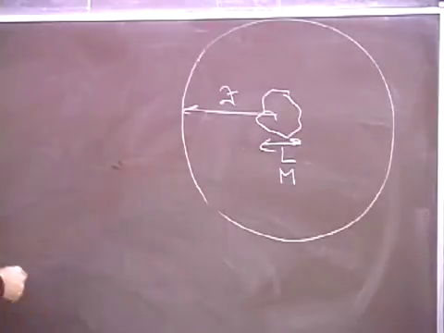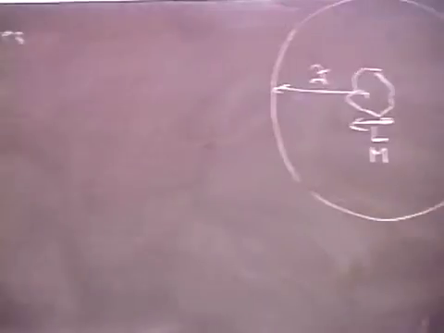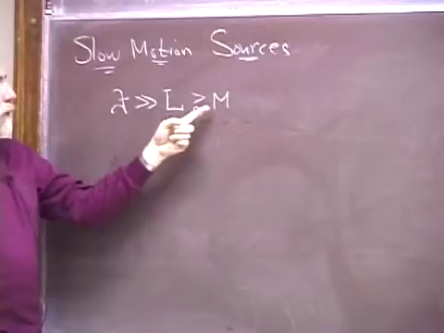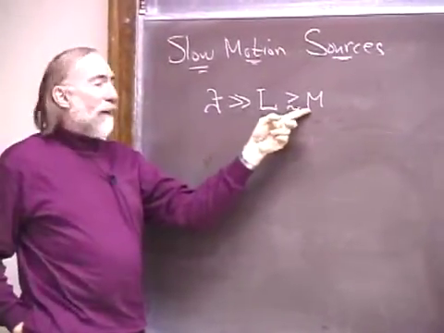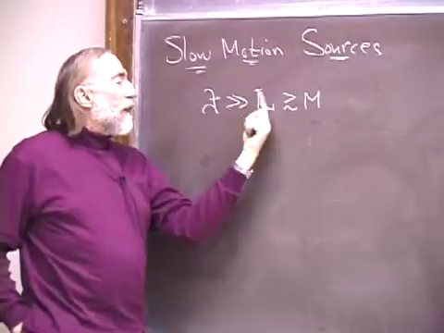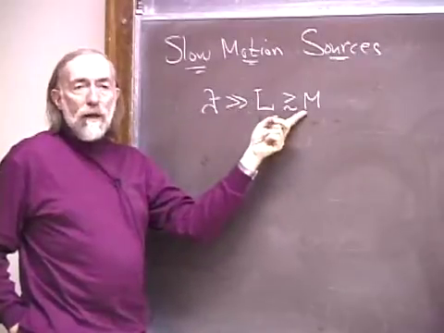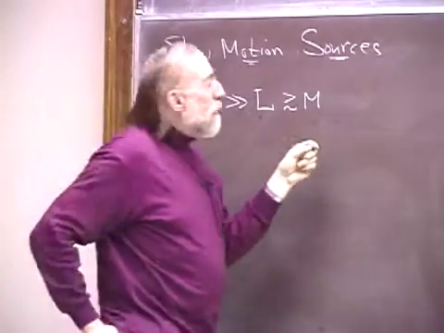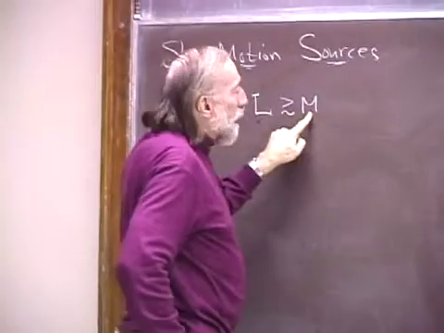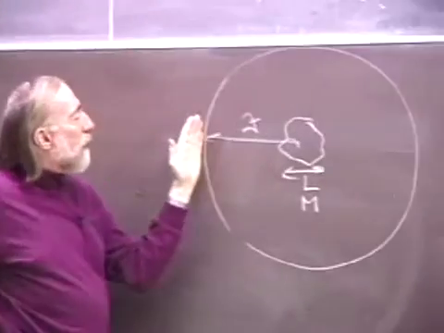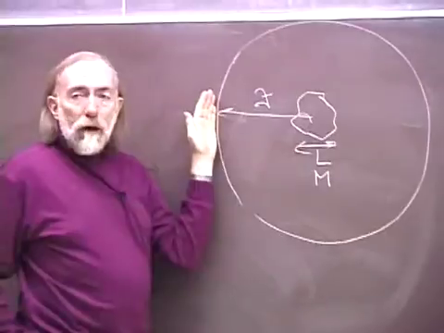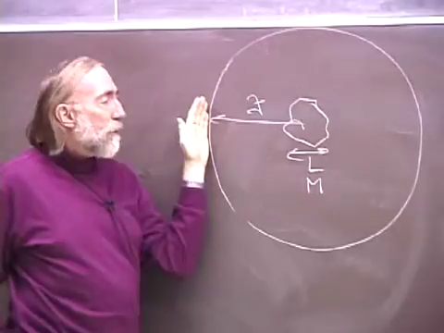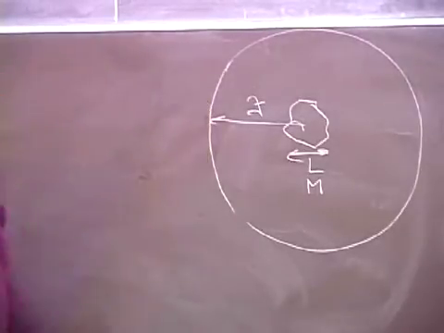Because lambda bar is large compared to L, and L is bigger than or of order m, in geometrized units, because when L becomes of order m, you basically have a black hole, and so the size can never get smaller than about m. And that means that lambda bar is big compared to m, and that means that out at this boundary, gravity is very weak. The Newtonian potential out here would be very small compared to the speed of light squared. Space-time curvature is very weak.